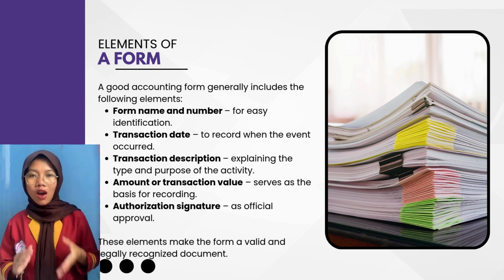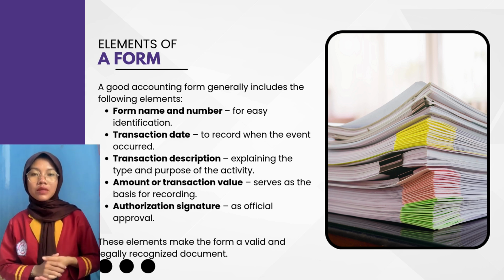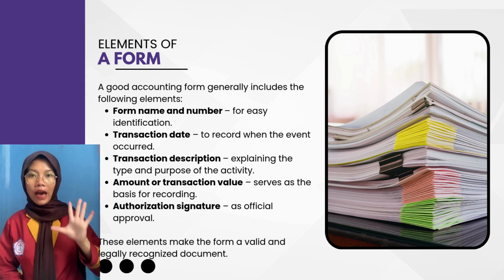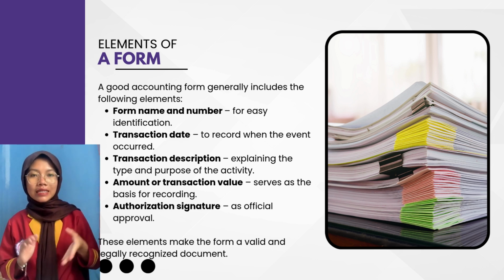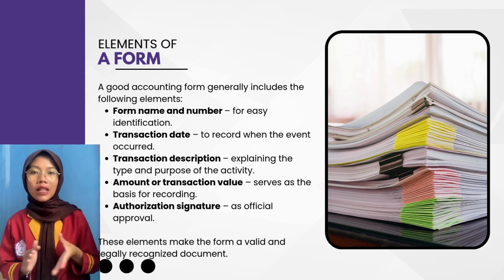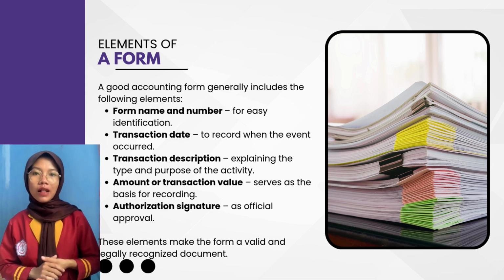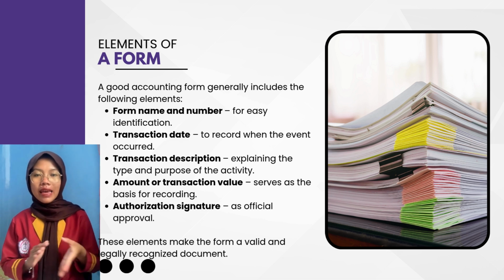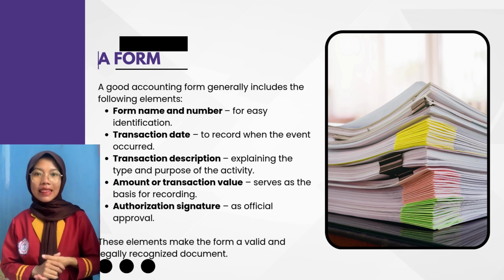Amount or transaction value, which becomes the basis for accounting entries. And 5. Authorization signature as formal approval. These elements make the form official and legally valid within the accounting system.